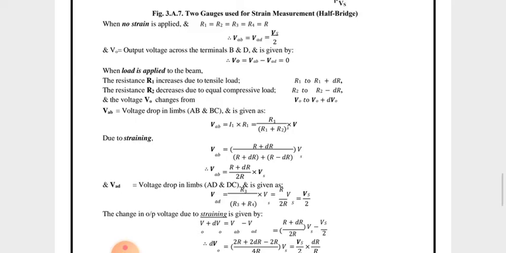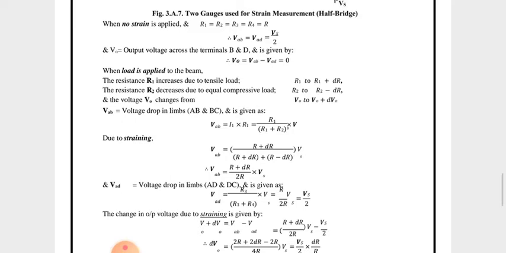So R1 changes to R plus dR, and R plus dR plus R minus dR gives 2R, so R plus dR upon 2R into Vs. VAD, the voltage drop in limb AD, is given by R3 upon R3 plus R4 into Vs, so R by 2R into Vs. Therefore R will get cancelled with R in the denominator, and that's why Vs by 2.